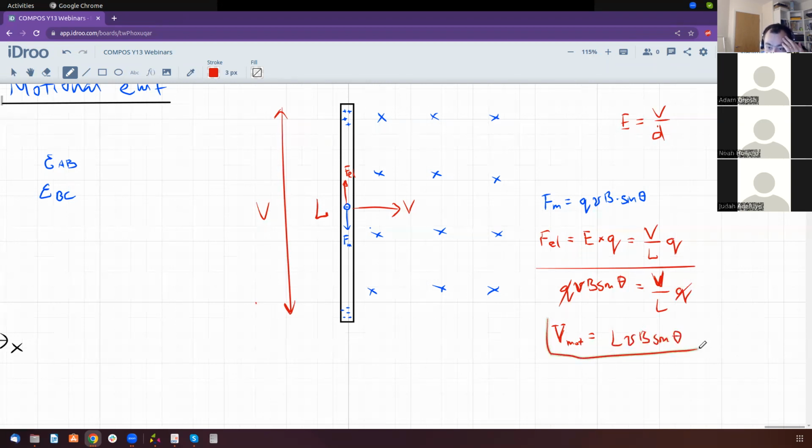So if a wire moves across a magnetic field, there will be a motional EMF across its ends. Does that make sense now, Judah? Okay, and it's just EMF, so it's EMF divided by L Q, of course. All right.